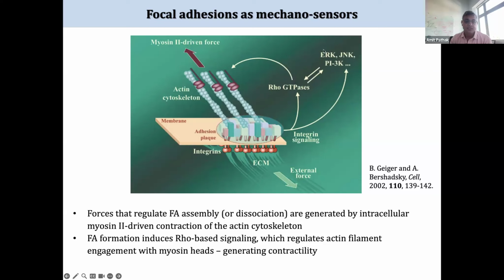And there are others, JNK, PI3K, some of which are oncogenes as well. They are also related to Rho GTPases. Essentially, they upregulate actomyosin contractility, which increases forces, and forces in turn increase adhesions. This is the sensing and response part that I was talking about earlier. So this is the basis of mechanotransduction.